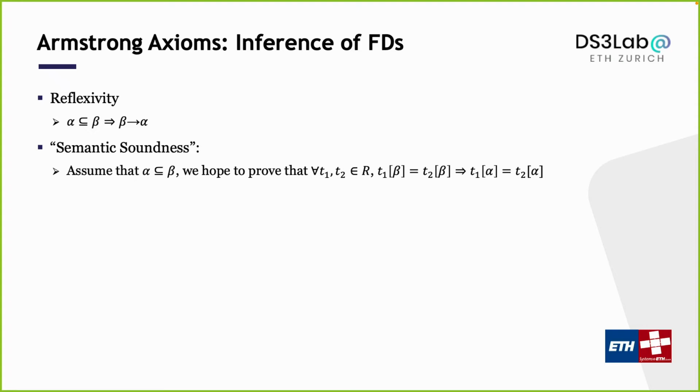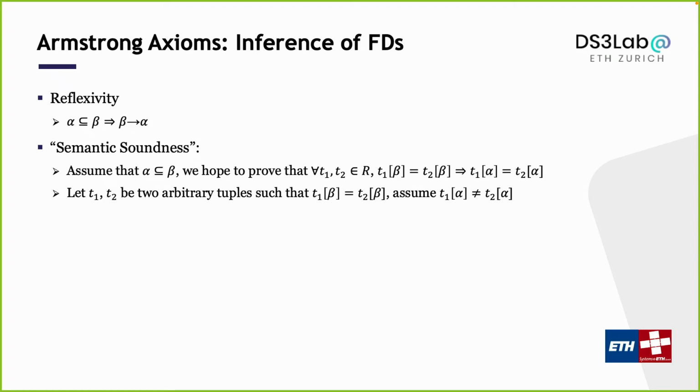If you can prove this, it means I can apply this rule to derive a new functional dependency, and for all the relation instances you can construct, this functional dependency will hold. That connects inference at the syntax level to the semantic level. Essentially, we want to prove this, and that's kind of easy to prove.